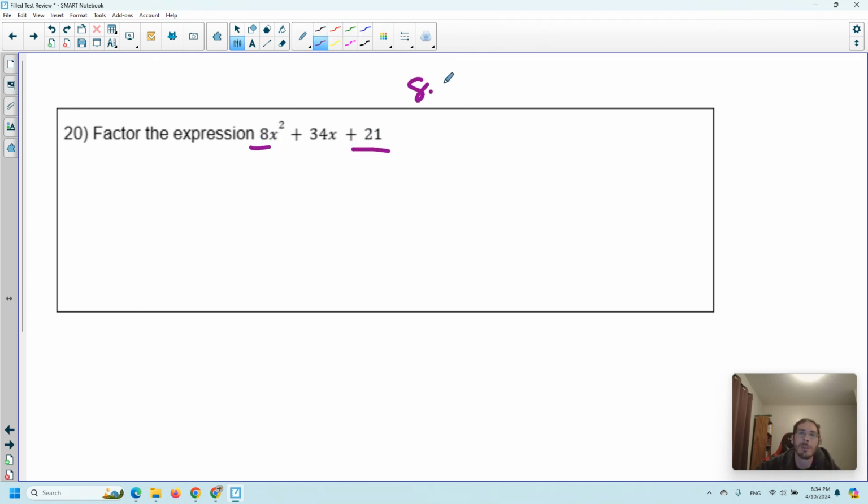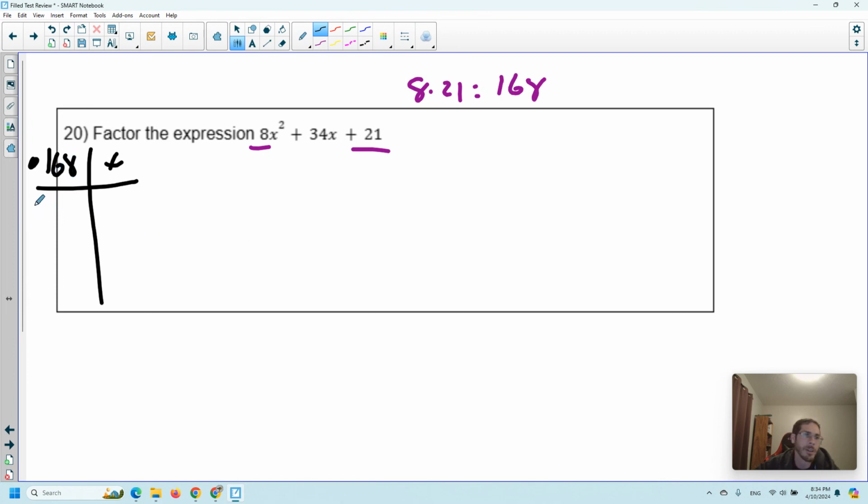We have to do 8 times 21. 168. Uh-oh. That's a big number. All right, so we have to multiply to get to 168. Now, 34 is kind of a big number, so I'm thinking my numbers are probably not going to be close together. So I think actually starting out up at 1 might not be the worst idea.